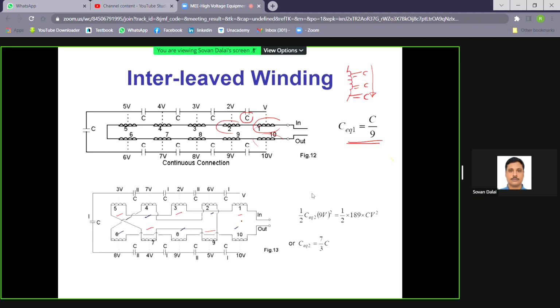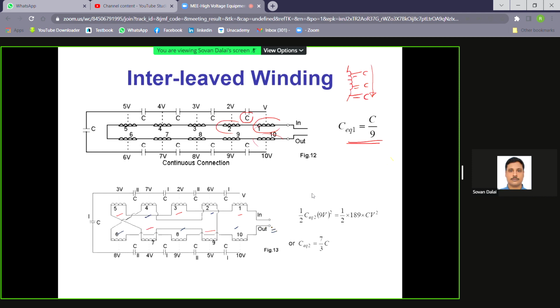That connection is called the interleaved connection. You just omit 2 in between 1 and 3. So first you connect all the odd windings, then you come to the position of the even windings, and that even winding is connected in series, and ultimately it goes to the output terminal.